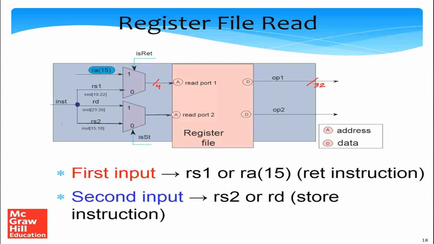The idea is that given an instruction, we'll have two inputs. Let's consider the first input. In the first input, we'll have either RS1, which is the first source register, or we need to take a look at the ret instruction, the return instruction. What the return instruction does is that it reads the value of the register RA, or register R15, same thing.